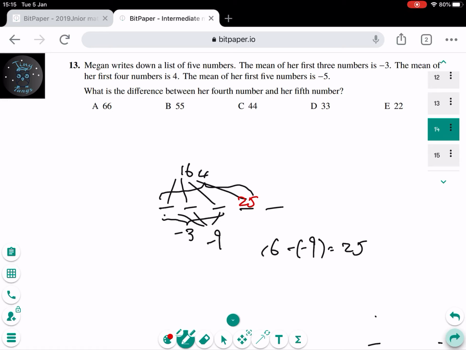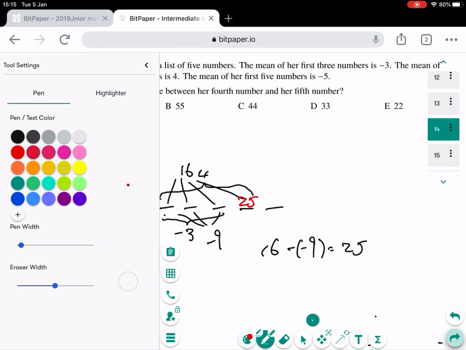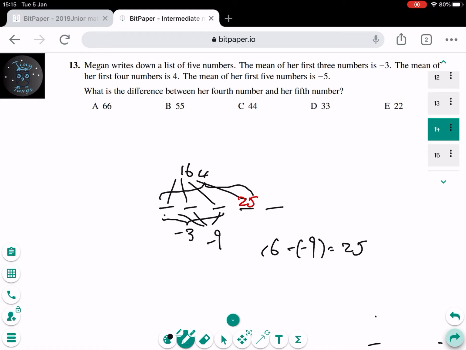And then you know the first 5 numbers have a mean of -5, so we do the same again. -5 times 5 equals -25, and the sum of the first 4 numbers is 16. -25 is the sum of all five numbers, so we need to take away the sum of the first 4 numbers to get the last number.